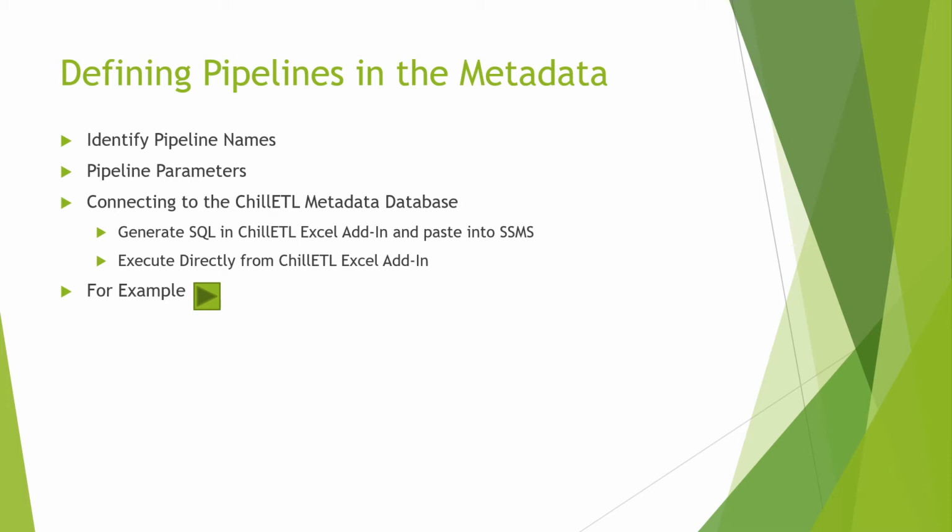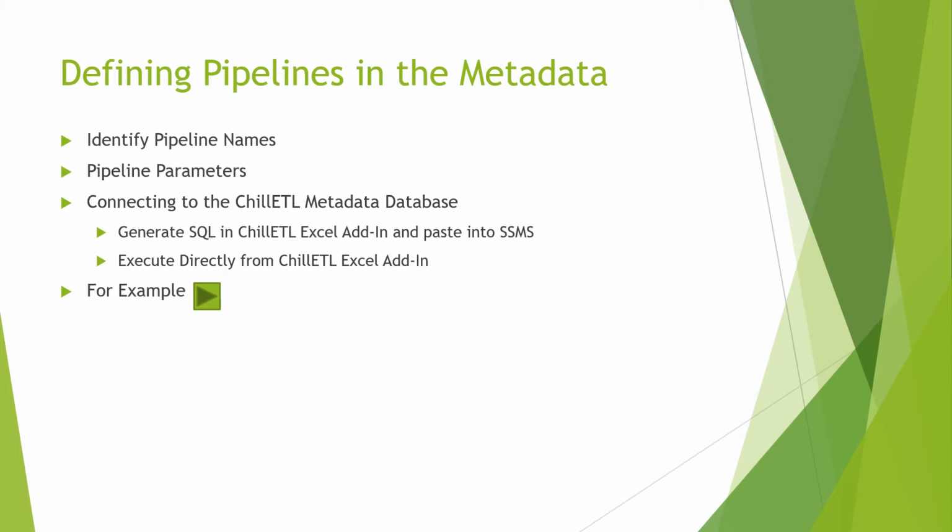There are 2 ways to populate the SQL database from these Excel data tables. We could have ChillETL generate the SQL statements, paste them into SSMS where we could execute them, or we could have ChillETL Excel execute them directly in the database. This requires connecting to the database using Azure Active Directory authentication. This does not involve your entering any passwords into the add-in.